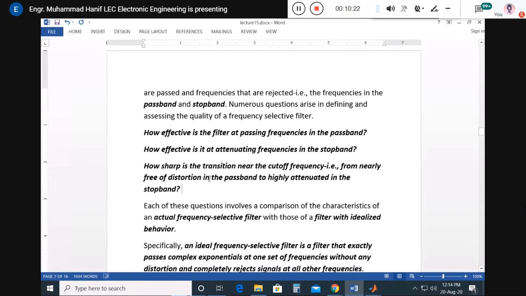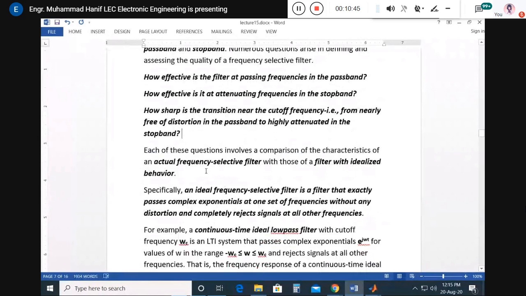So this transition must be very sharp. ठीक है, तो यहाँ पे यही कह रहा है कि from nearly free of distortion in the pass band, means pass band में जो amplitude desired है वही होना चाहिए, to highly attenuated in the stop band. Stop band में जिन frequencies को आपने stop करना है उनका amplitude इंतहाई कम होना चाहिए.